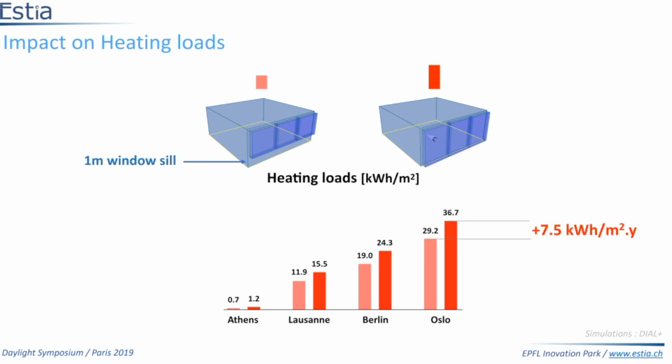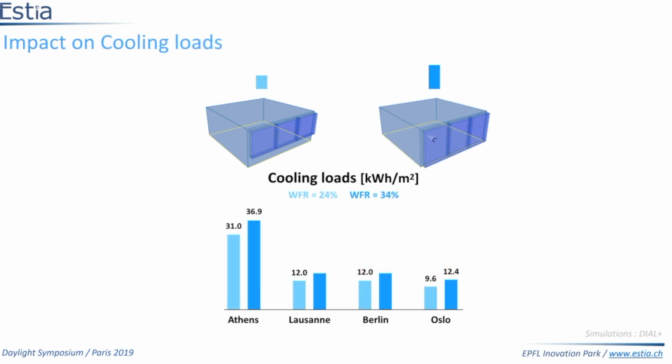In that case, of course, we increase the heating loads in northern countries, but also in Mediterranean countries. And for cooling loads, it's the same, but the opposite. It means that you increase the cooling loads more in Athens, where it's almost 6 kilowatt-hours per square meter per year.